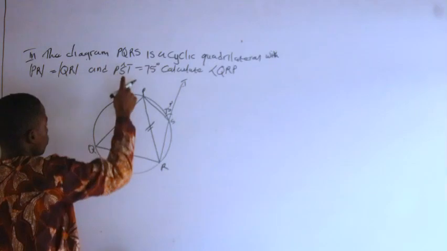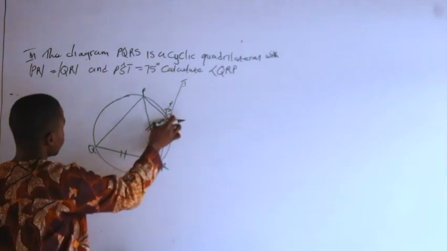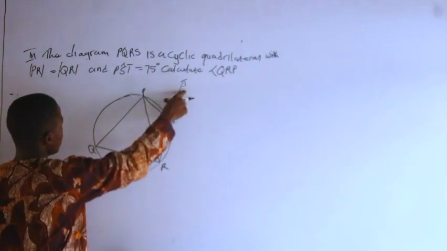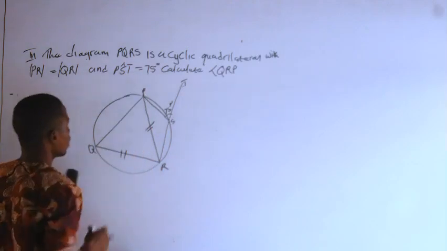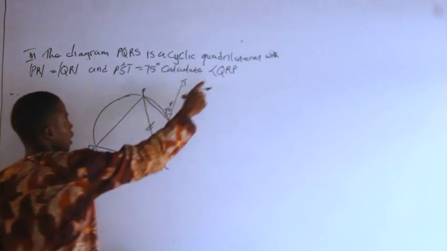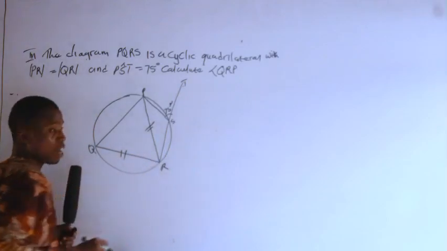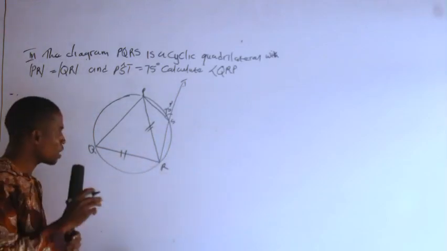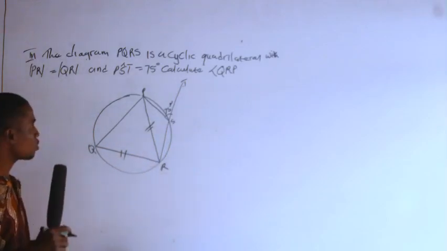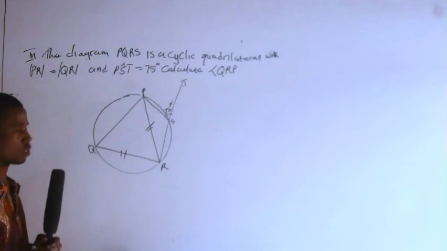Angle PST is 75. Calculate angle QRP. When we are solving like this, the thing they said you should calculate, you go and indicate it first.